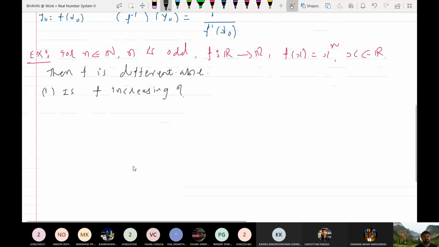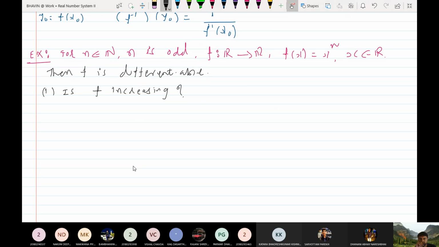Where is f increasing? Okay. Is f increasing? Why?